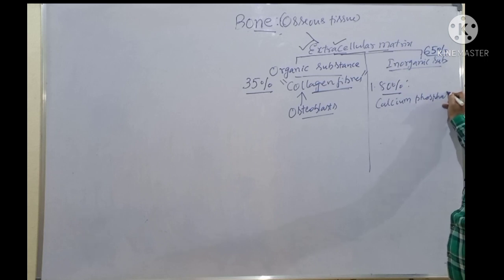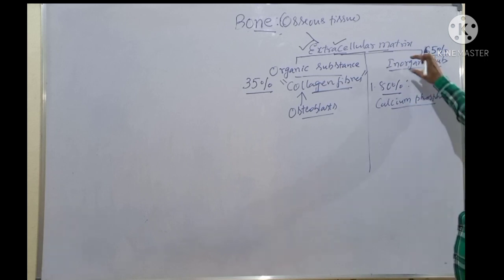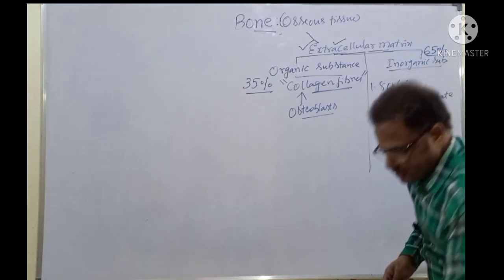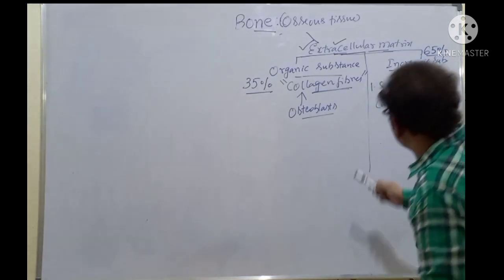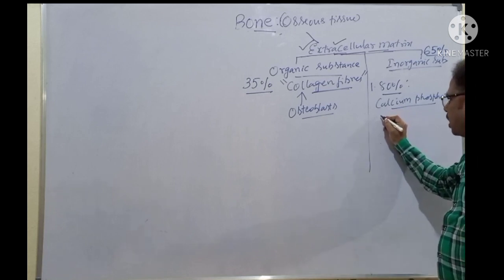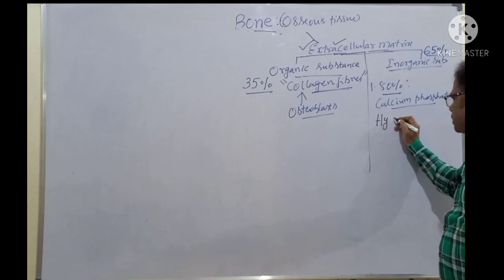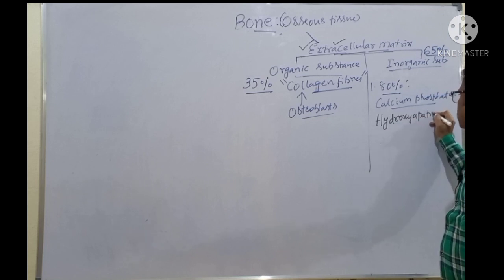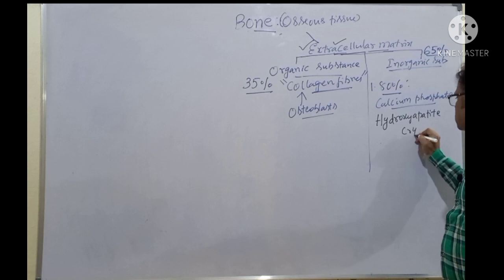If you take this inorganic substance as 100%, 80% is which one? The calcium phosphate, which is in the form of hydroxyapatite crystals.